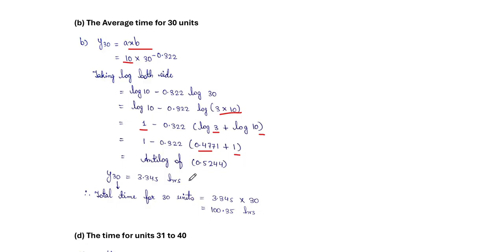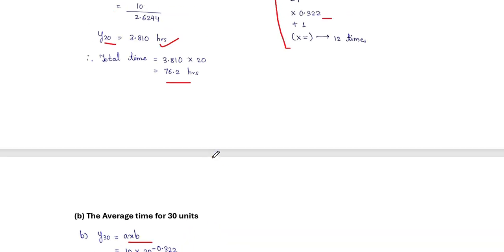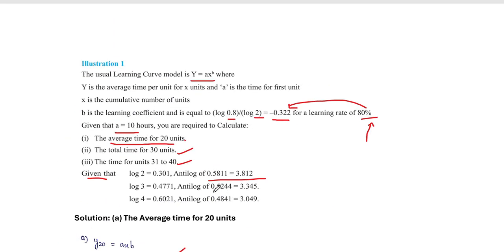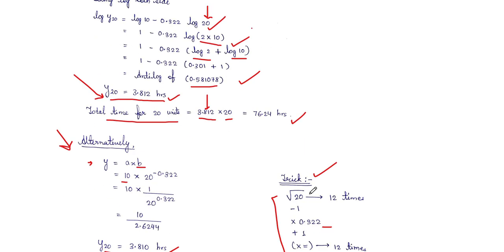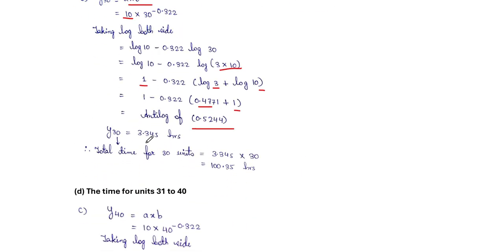Further we solve and we will find 0.5244. Now we will find the antilog of 0.5244. In the question it is given that the antilog of 0.5244 is 3.345. So the average time for Y30 is 3.345.